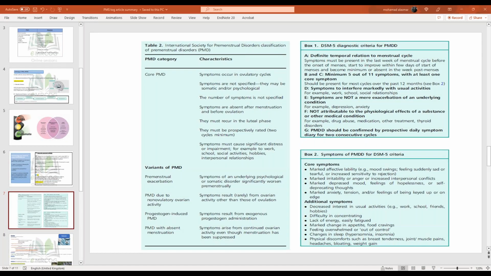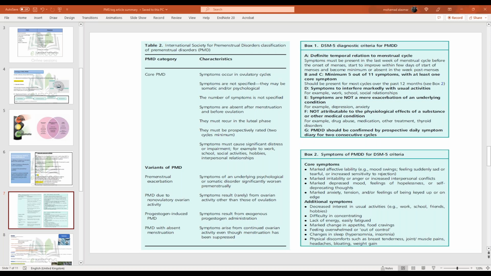And the most recent one of it, that has been released and adopted recently, is the 5. DSM stands for Diagnostic and Statistical Manual of Mental Disorders. Okay, guys, this has been adopted by the American Psychiatric Association.